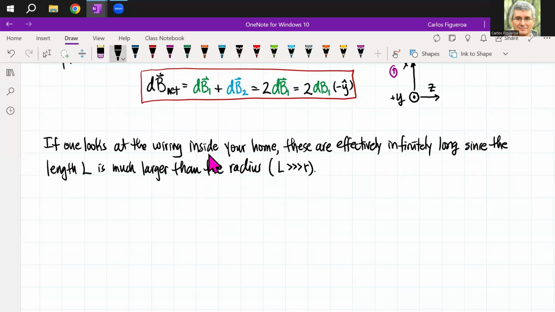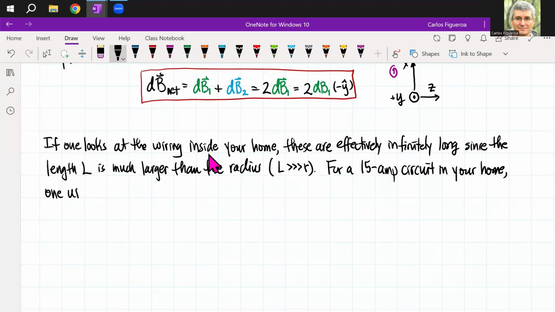Here's an example. For a 15 amp circuit in your home, and by the way, when I say 15 amp, that typically tells you about the gauge of the wire, the thickness of the wire.